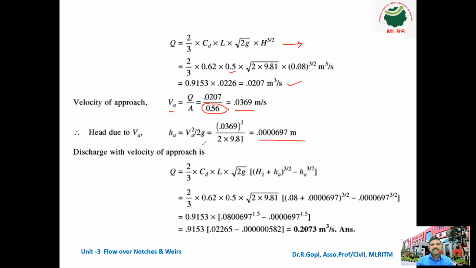Now applying this HA into the discharge formula, considering velocity of approach. So Q is equal to 2 by 3 into CD L into root 2G into (H1 plus HA) power 3 by 2 minus HA power 3 by 2. Okay, so 2 by 3 into CD. What is CD?